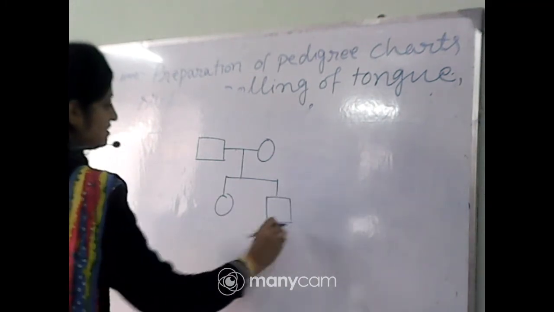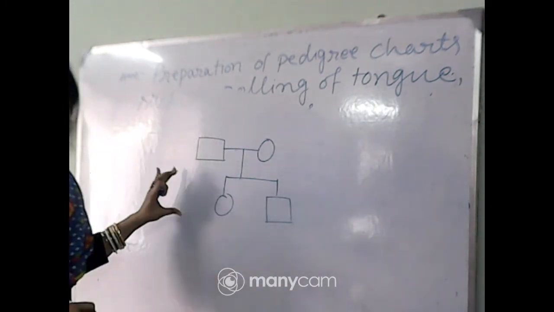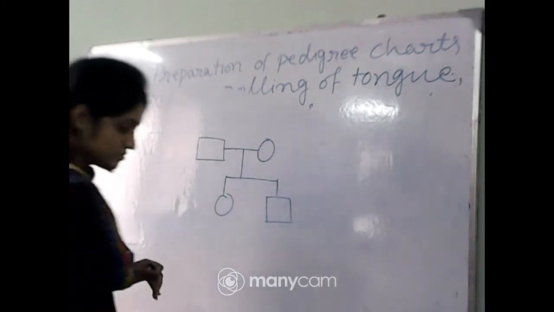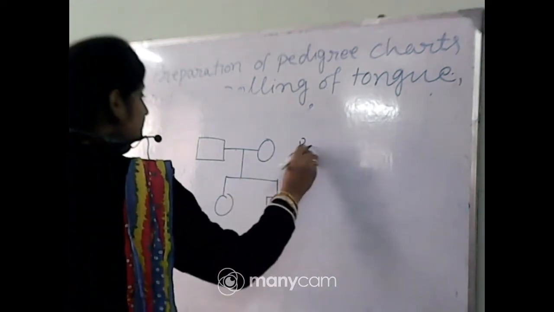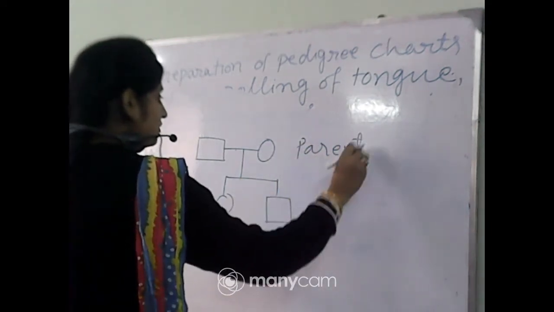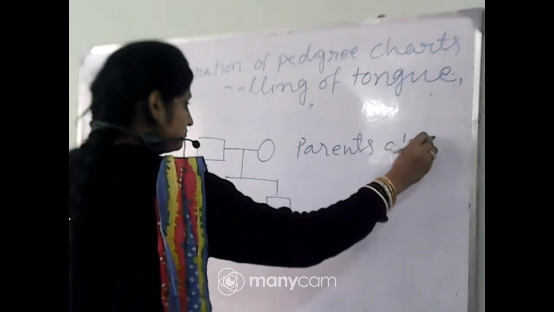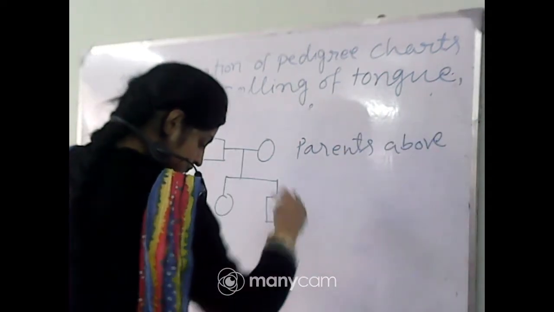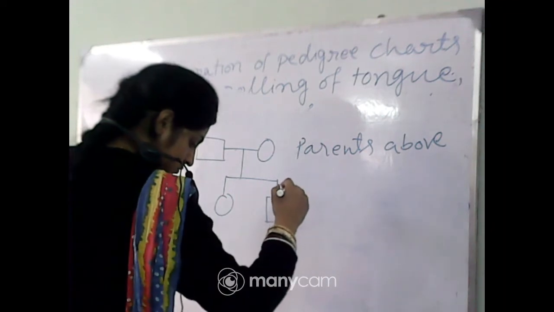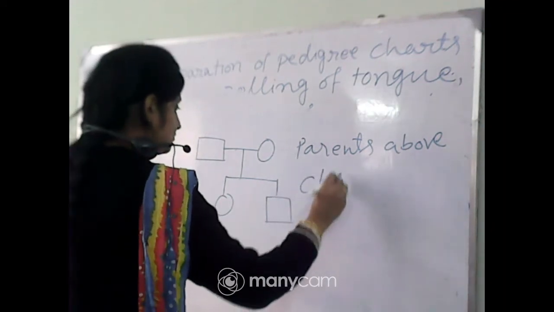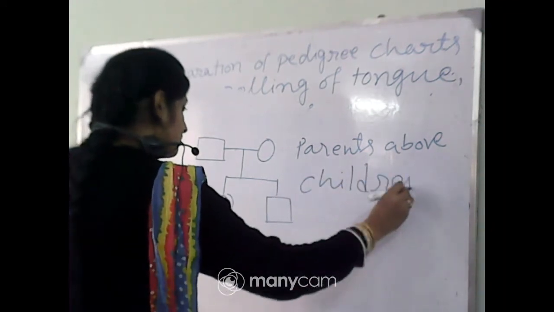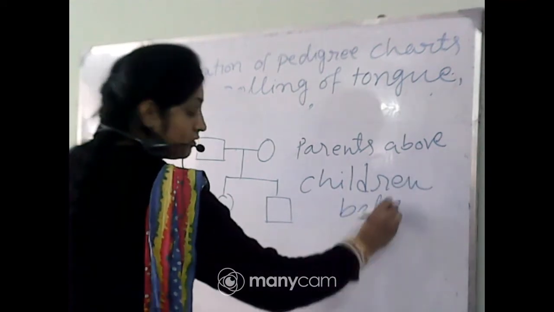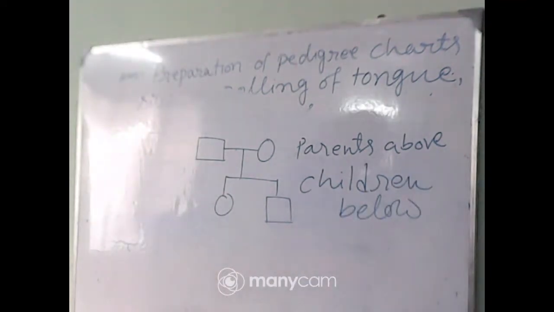That means the above are the parents and the lower portion is the children. Parents above, children below.